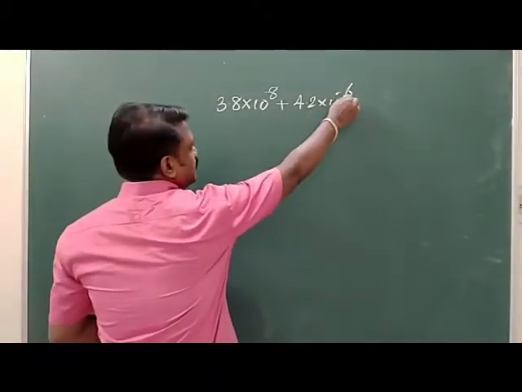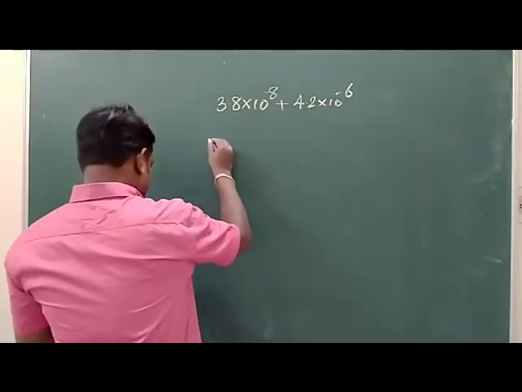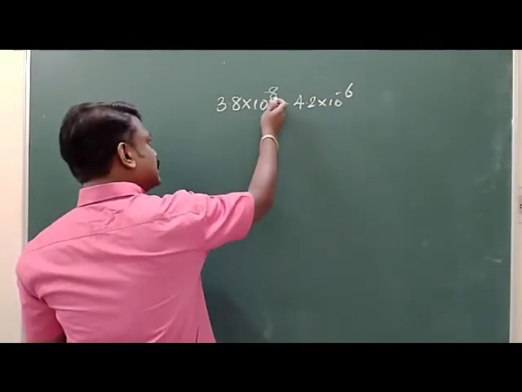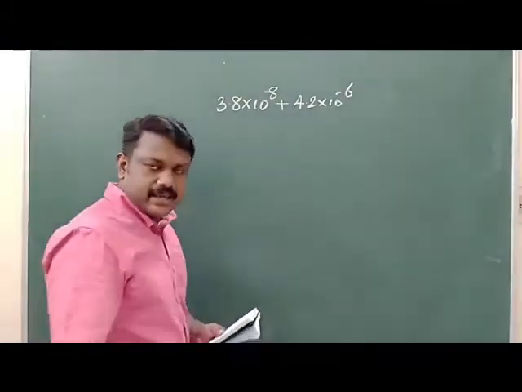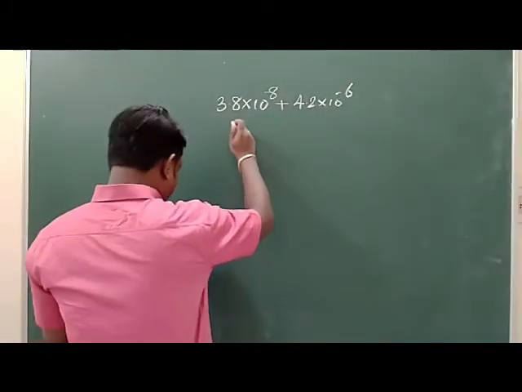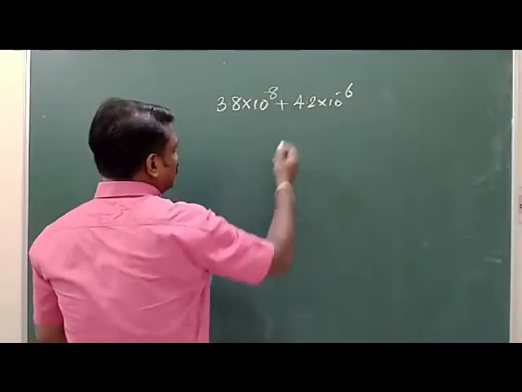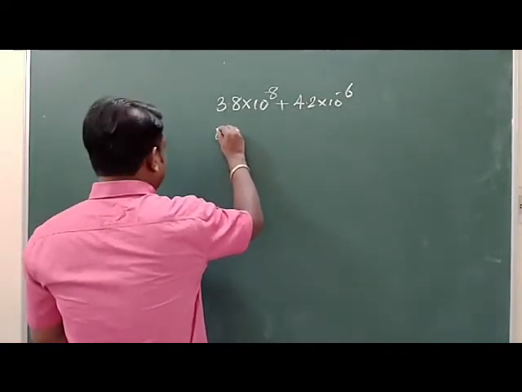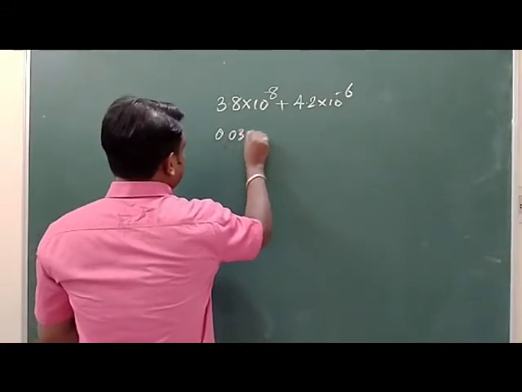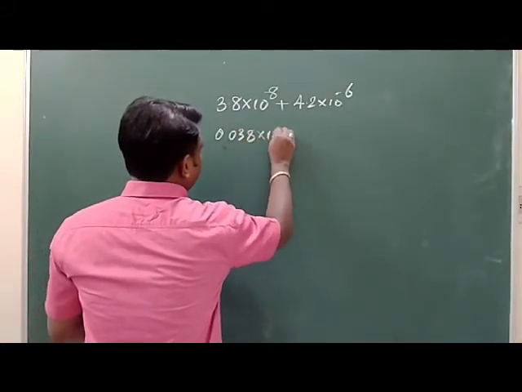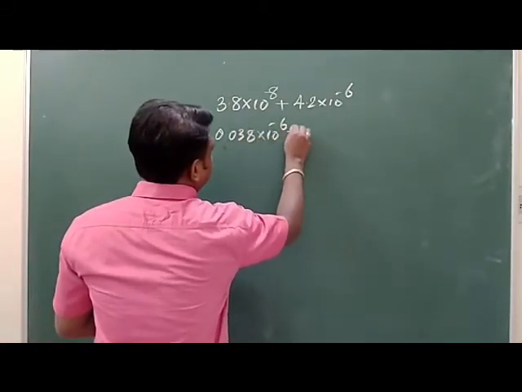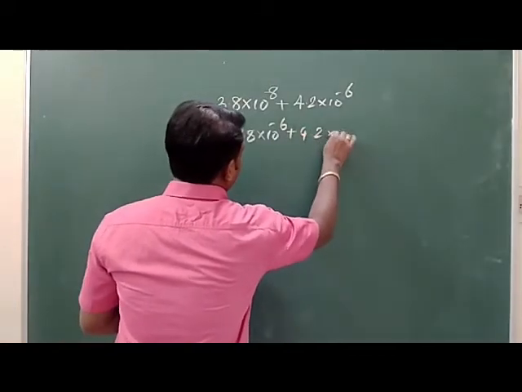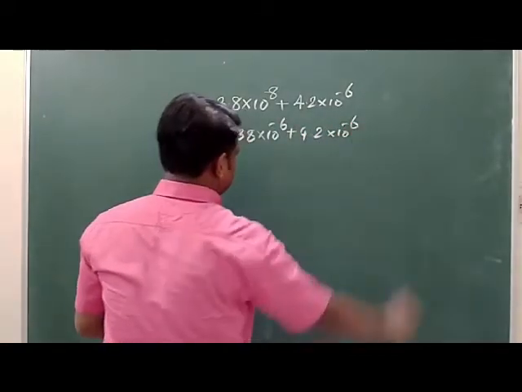You can convert the minus 6 into minus 8, or the minus 8 into minus 6; any method you can choose. Here I am changing the minus 8 into minus 6, so this becomes 0.038 into 10 to the power minus 6 plus 4.2 into 10 to the power minus 6.